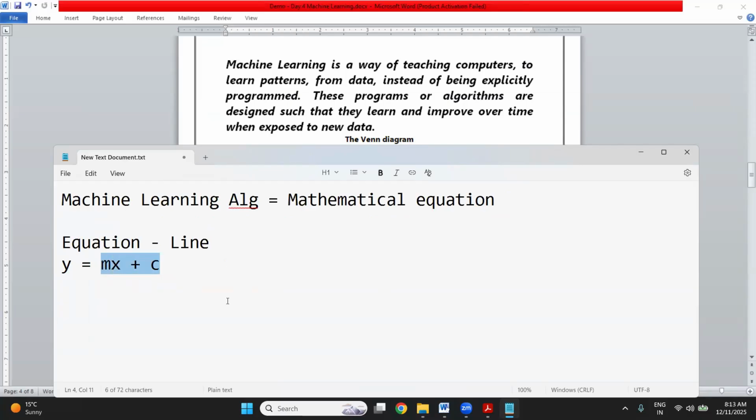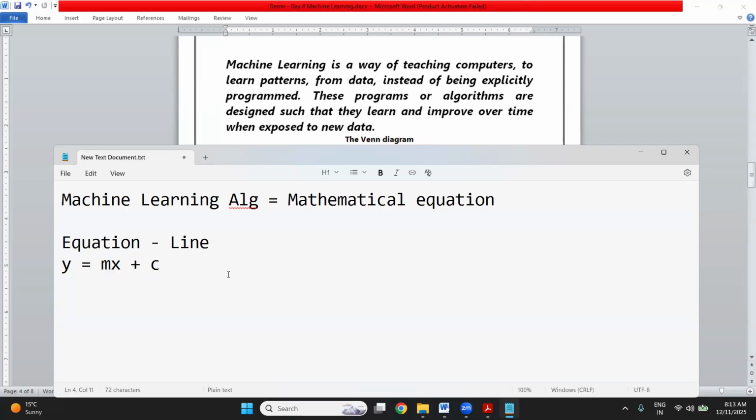Let's not discuss in detail, just try to get an idea of what machine learning is actually doing. So using a machine learning algorithm, we are trying to solve a problem. This equation you might have seen in our school days. This is a line equation.